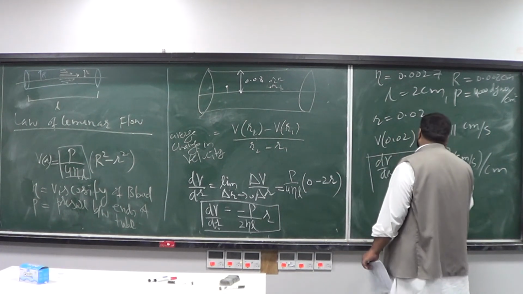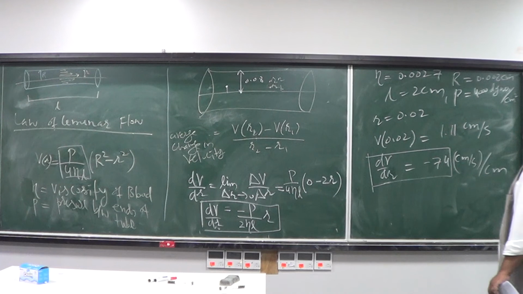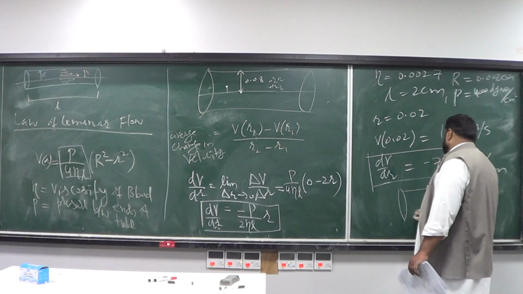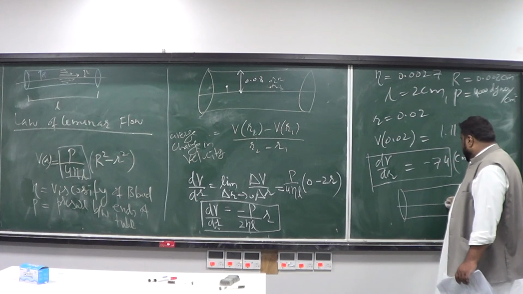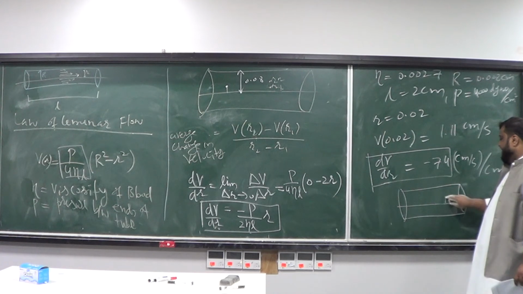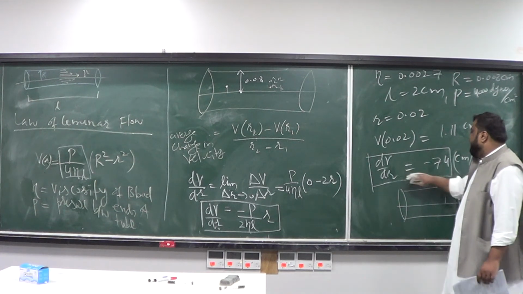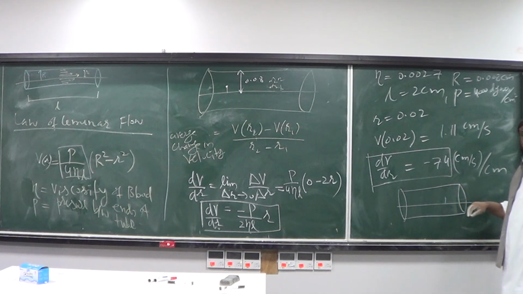It says that if you are moving away, say 1 centimeter, from this middle axis or the axis of symmetry, then the velocity of the blood will reduce by 74 centimeter per second.